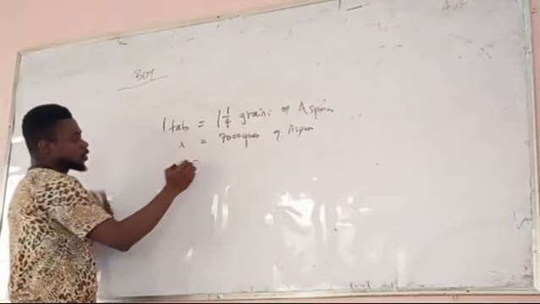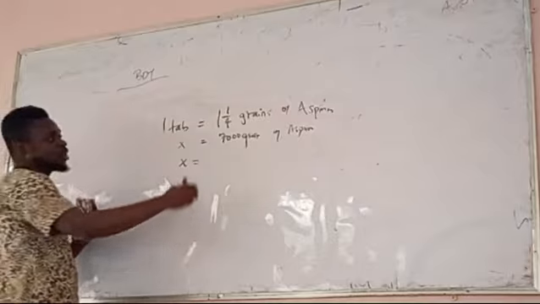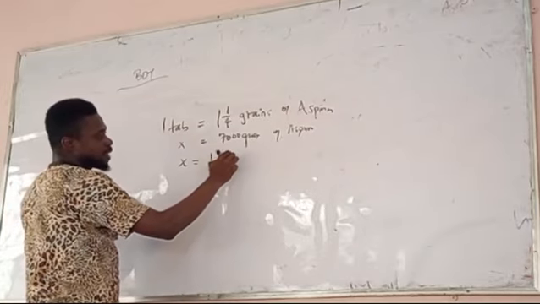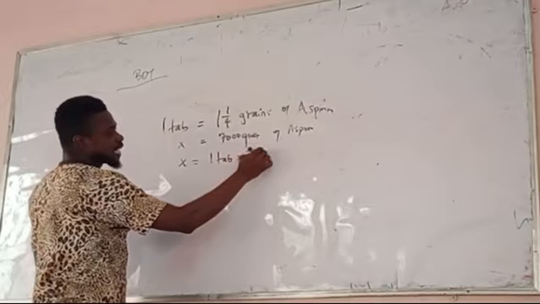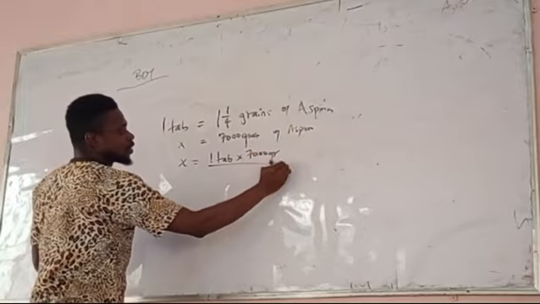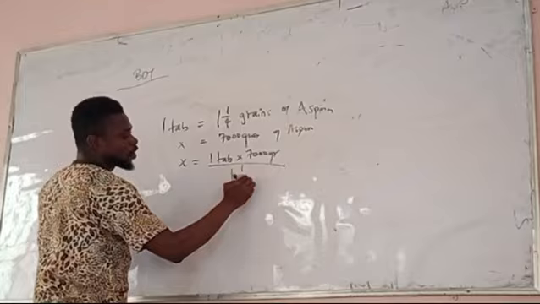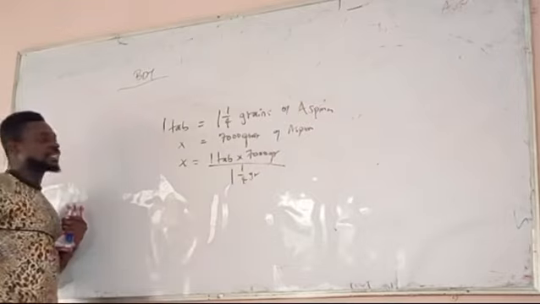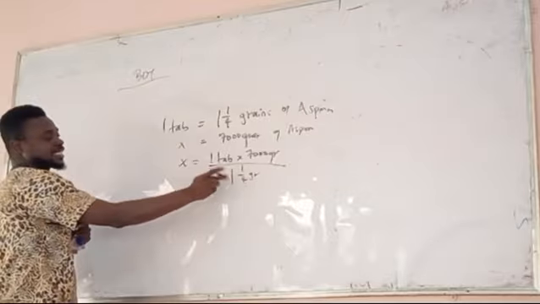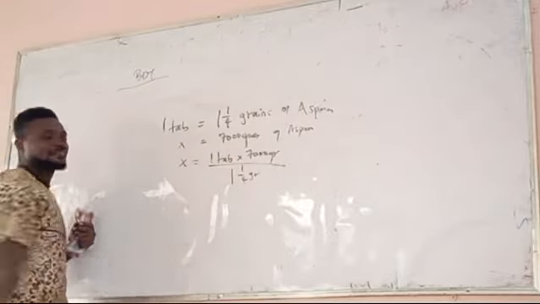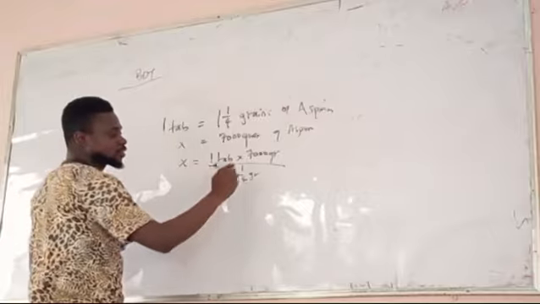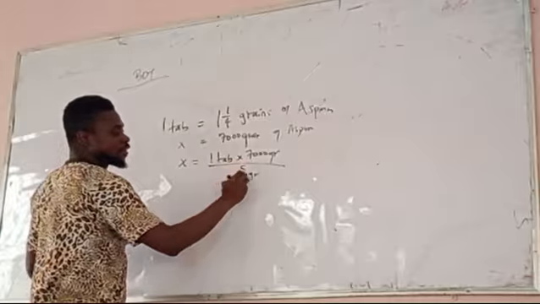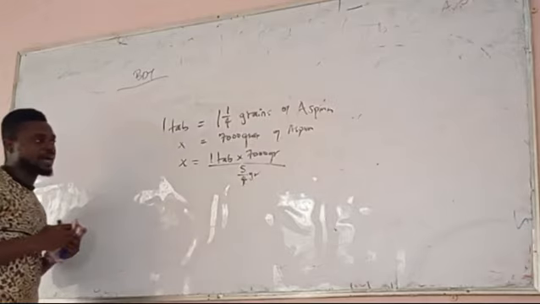X is now equal to, if you cross multiply, 1 tablet times 7,000 grains over 1/4 grain. This 1/4 is the same as saying 1 times 4 is 4 plus 1, 5. So let me just say 5 over 4 grains, right?